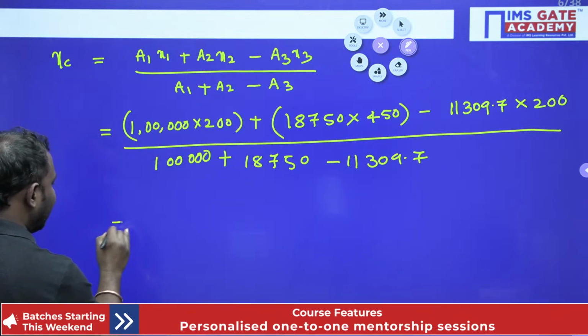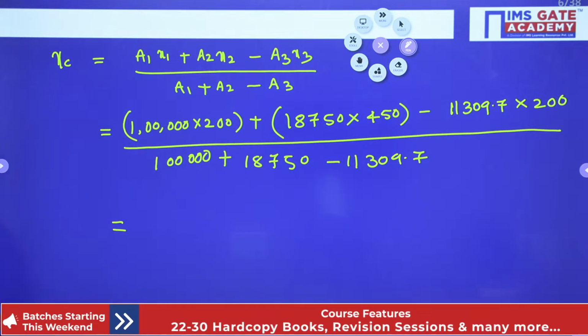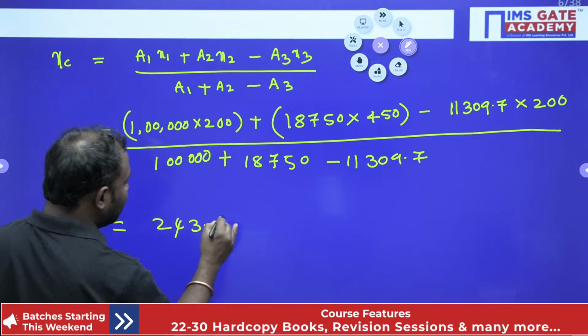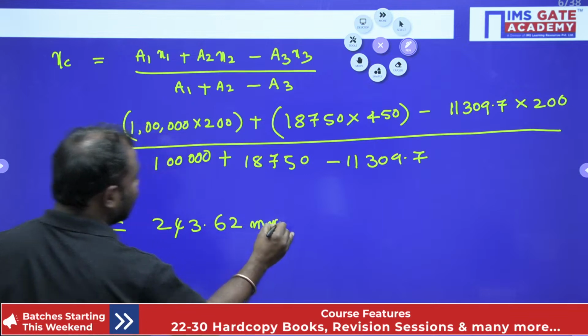If we calculate this, we get xc equal to 243.62 mm.